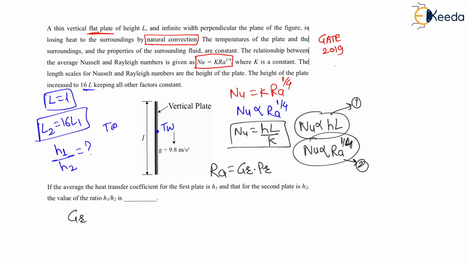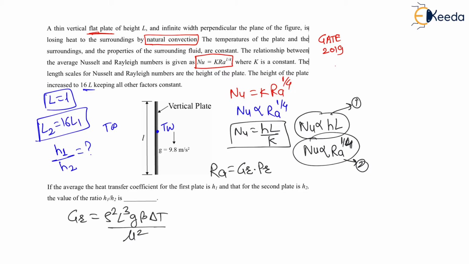The Grashof number is nothing but rho square L cube G beta delta T divided by mu square, where rho is the density of the fluid, L is the characteristic dimension here, G is the acceleration due to gravity, beta is the isobaric volume expansion coefficient, delta T is the temperature change, that is, wall temperature minus surrounding temperature T infinity, and mu is the dynamic viscosity, right?